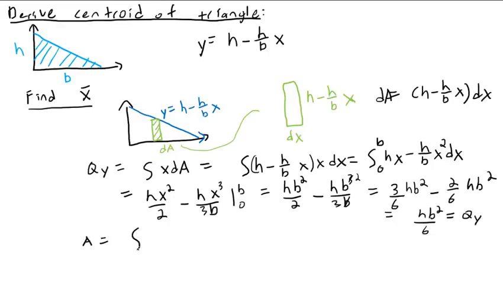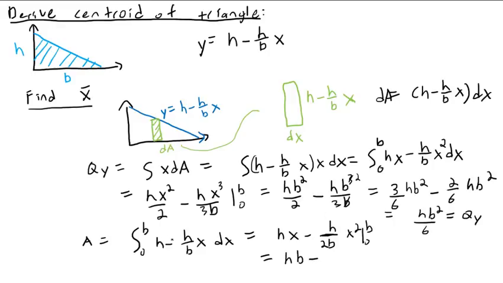And then the area, that's simply the integral. To find the area under a curve, it's the integral of dA, or the integral of h minus h over b x dx evaluated from 0 to b. That's going to be h x minus h over 2b x squared evaluated from 0 to b, and that is going to be h b minus h b squared over 2b.